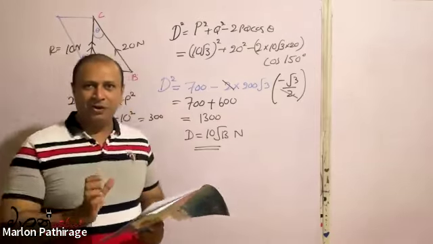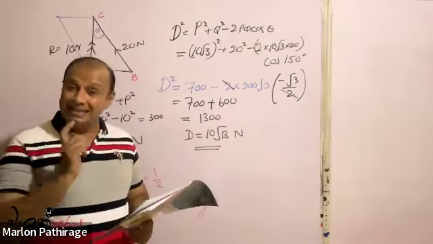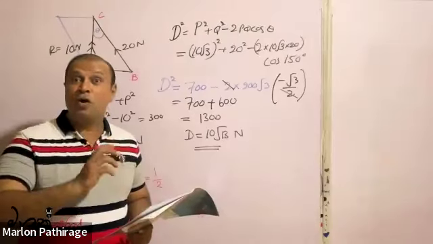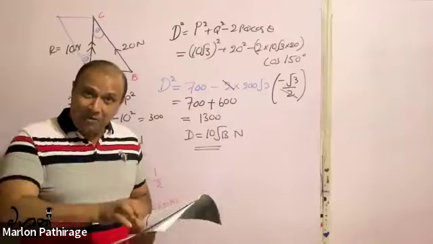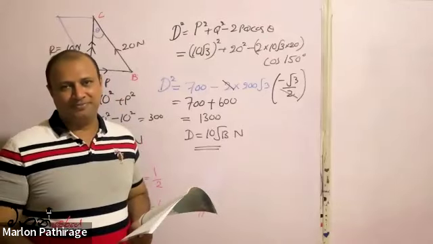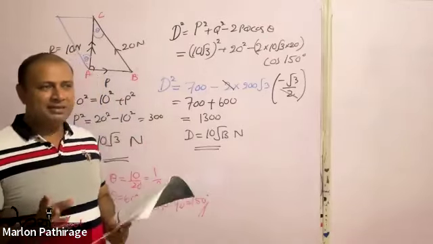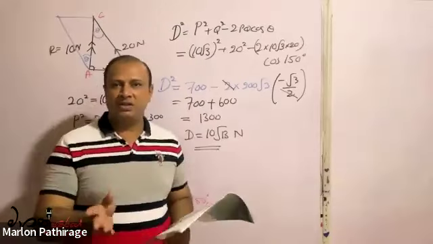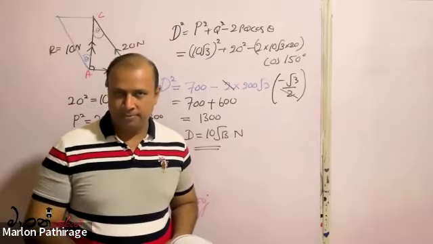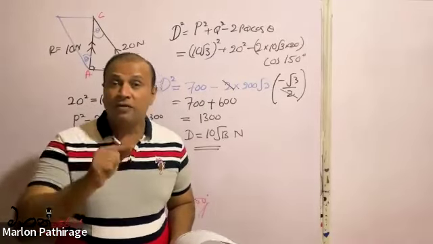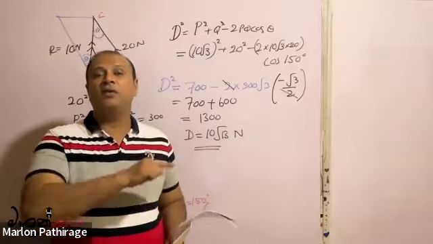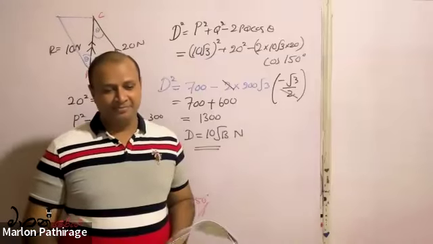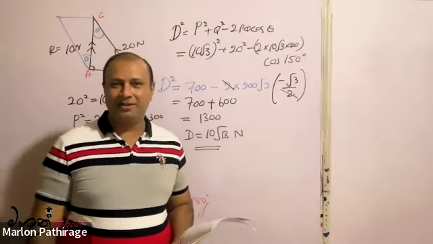If the resultant of two equal forces is equal to that force, for example two forces of 10 Newton with a resultant also of 10 Newton, then the angle between them is 120.